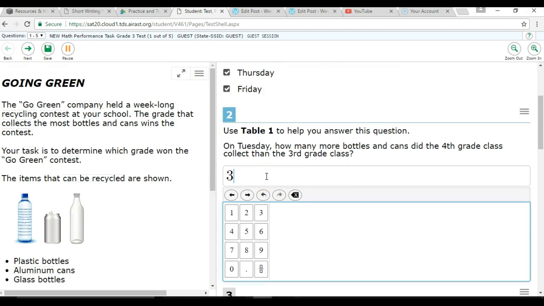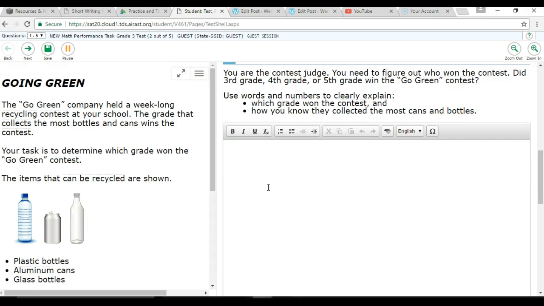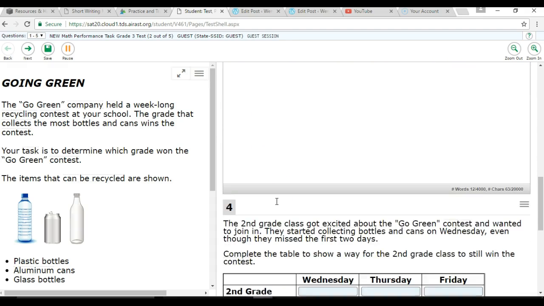We said there was a difference of 30. And we knew that the 3rd grade class won because they had 410.